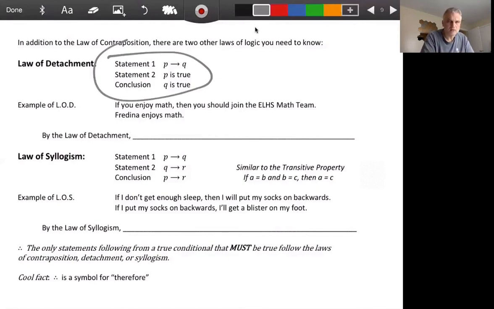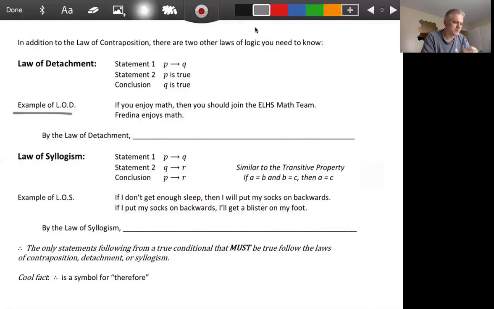If P, then Q. P causes Q. If P is given, Q is the conclusion, and it's true. Statement 2, P is true. Then, by the law of detachment, my conclusion is Q is true.